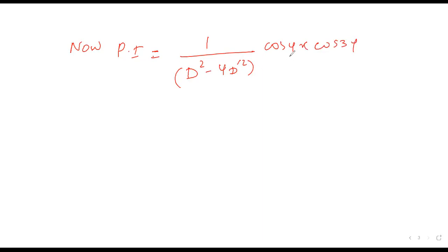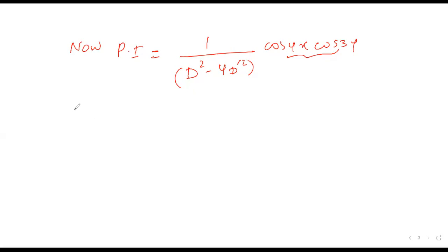This is about your A-level knowledge. So what do you think? Cos 4x cos 3y. Have you found that one? I'm sorry, I didn't send you the notes, but I'll give you the formula here.